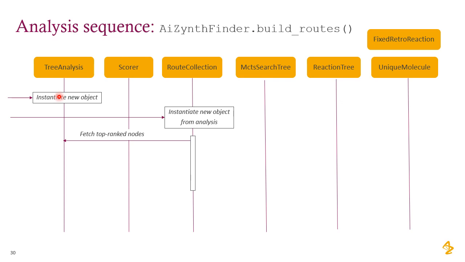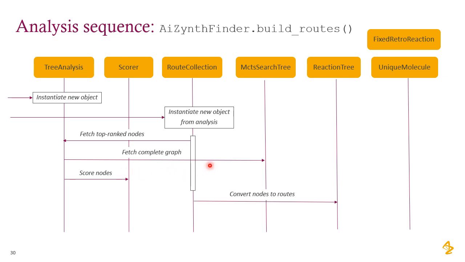So these are the leaf nodes in the Monte Carlo search tree, and each leaf node corresponds to a reaction tree or a route. So it will fetch the top ranked nodes, and the tree analysis will fetch the complete graph from the Monte Carlo search tree in order to get all the leaf nodes, and then it will give those nodes to the scorer. And by default, we will use the Monte Carlo reward function.